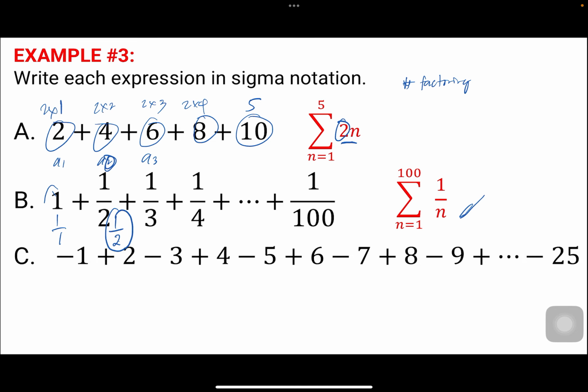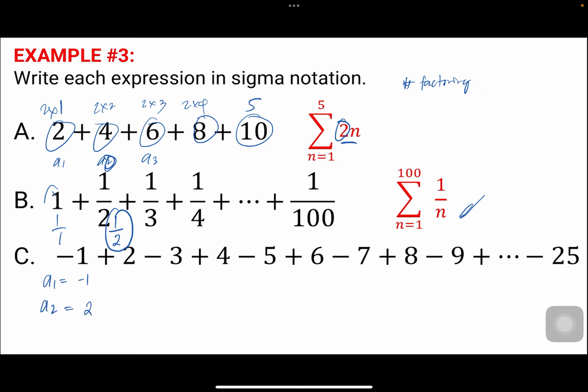And letter C, so we have negative 1 plus 2, negative 3 plus 4, negative 5 plus 6 minus 7 plus 8 minus 9 plus up to negative 25. So let's have first the first term. So may first term tayo negative 1. Sa second term naman natin naging positive.